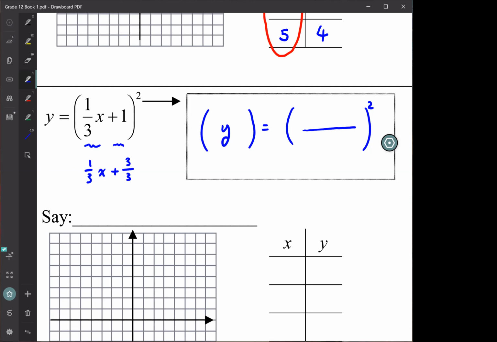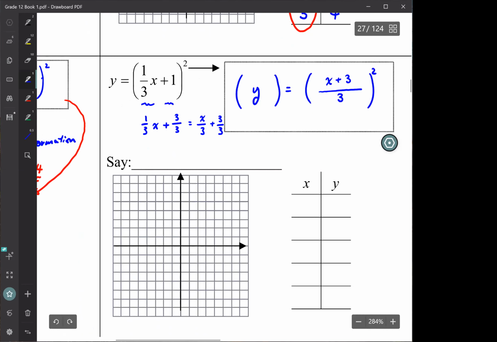Then we can add them up, okay? Because 1 over 3x is the same as x over 3, and then we can add it together. So at the end, you'll end up with x plus 3 over 3. So this will be the form you use to describe. Make sure you change it, right?